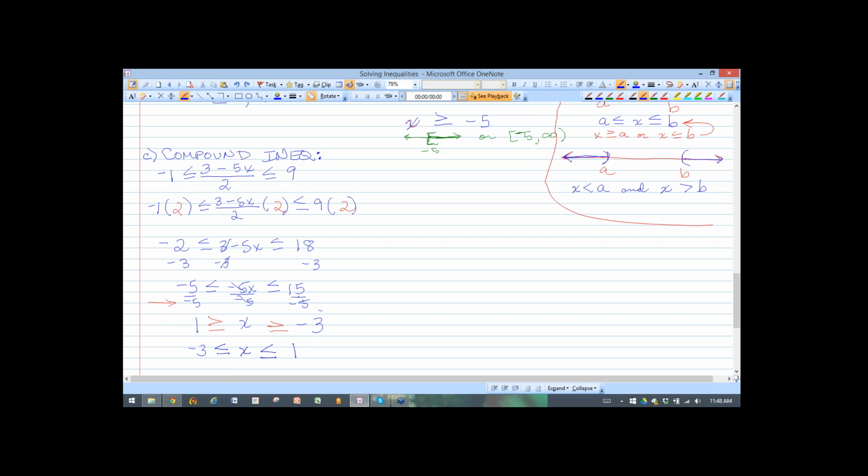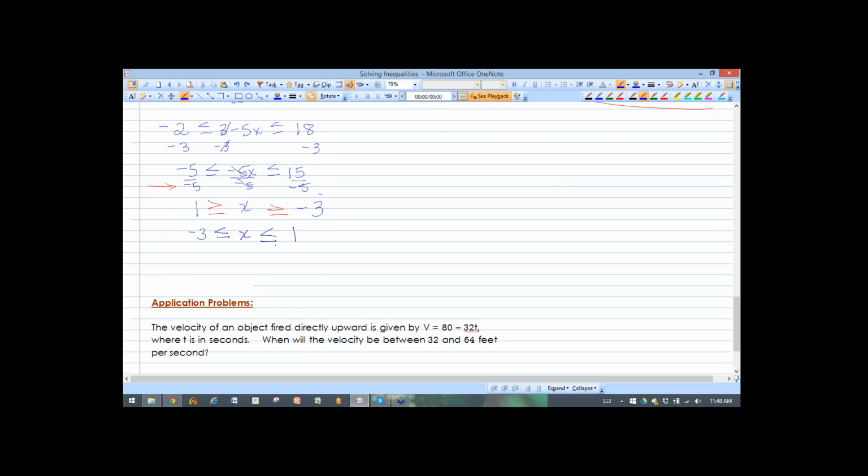Now this direction swap is not the same as the last one. I'm just rewriting my solution, right? From left to right, I want smaller to larger because I have to do the graphical representation, possibly, -3 through 1, okay? And we want to shade in between here and use brackets.